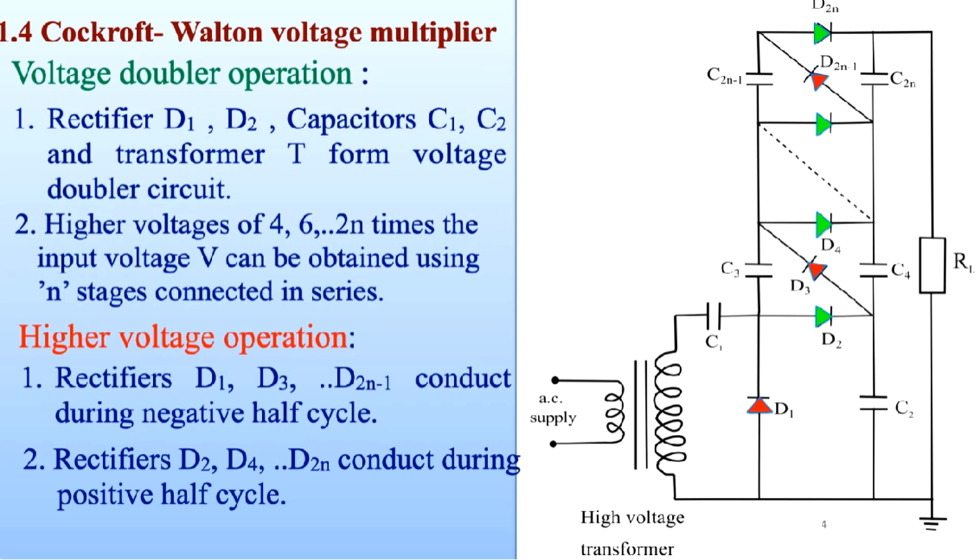The example already given is the cathode ray tube. A Walton-type pulse generator may be used instead of a conventional AC supply, and that circuit becomes compact. So we are going to use this particular circuit, shown in the diagram, called the Cockcroft-Walton voltage multiplier circuit.